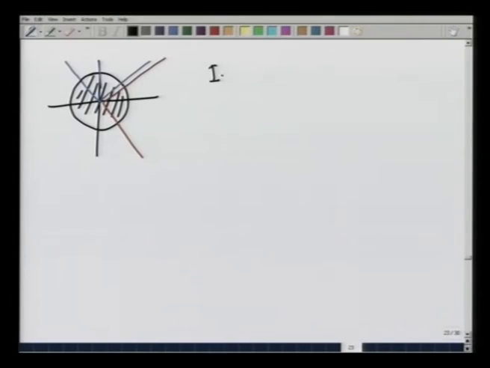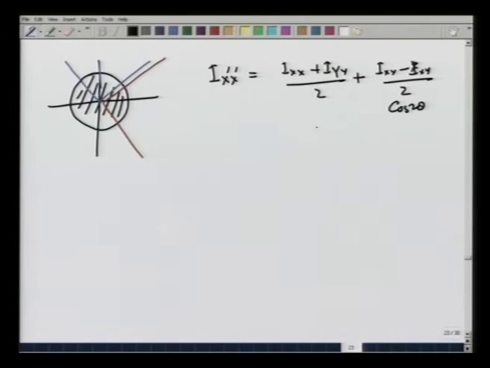So, I x prime is I x x plus I y y divided by 2 plus I x x minus I y y divided by 2 cosine of 2 theta minus I x y sine of 2 theta.